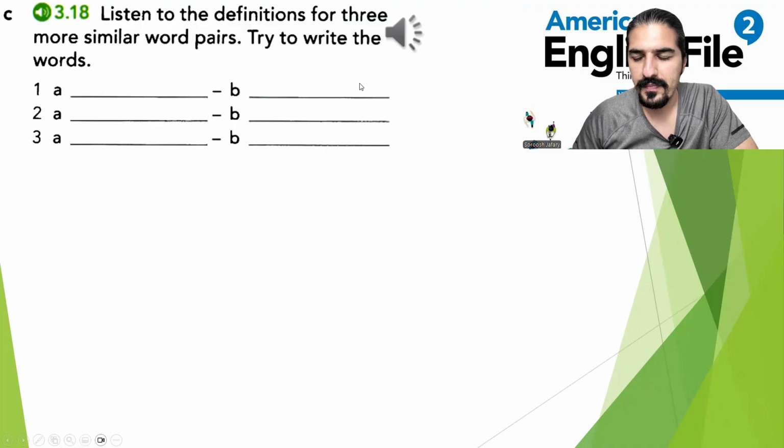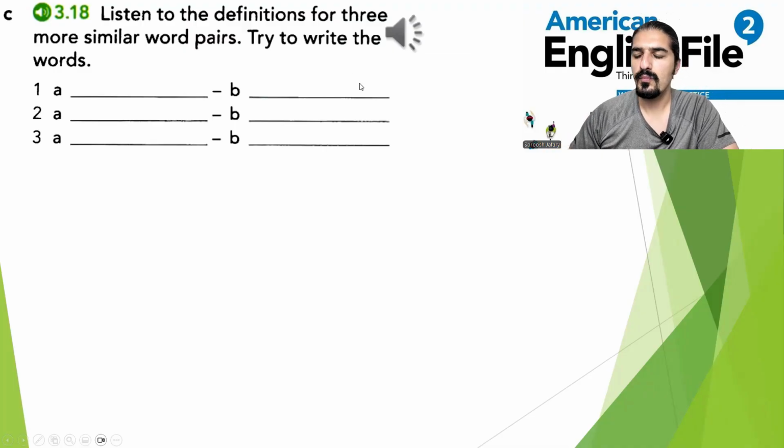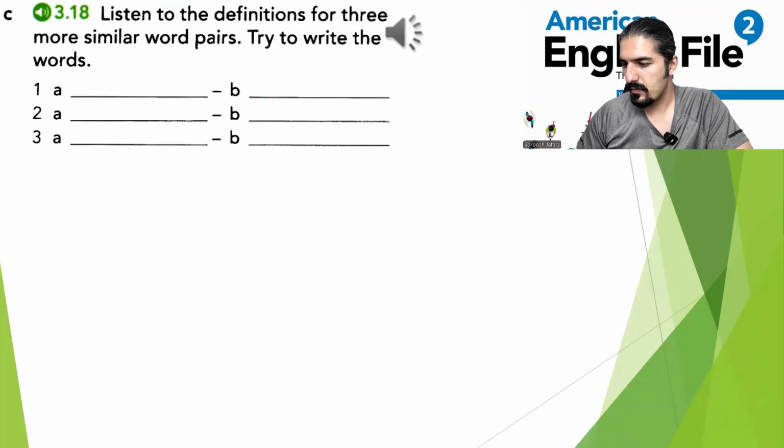Let's see. 3.18. 1. A. It's the short form of the name Timothy. B. What is measured in minutes, hours, or days? 2. A. It's an animal that people have in their house.